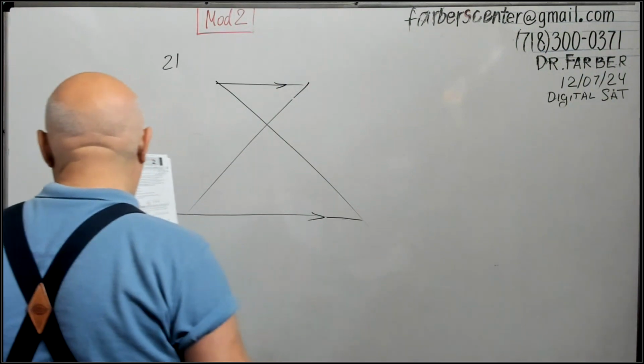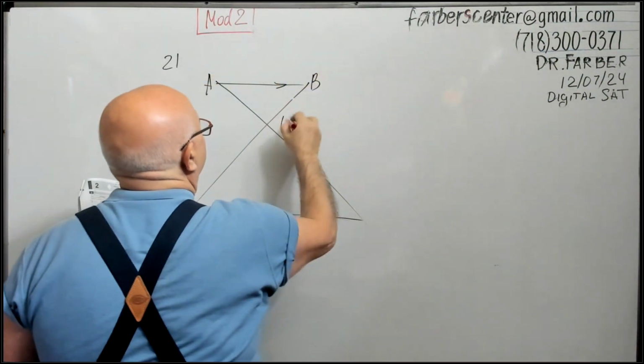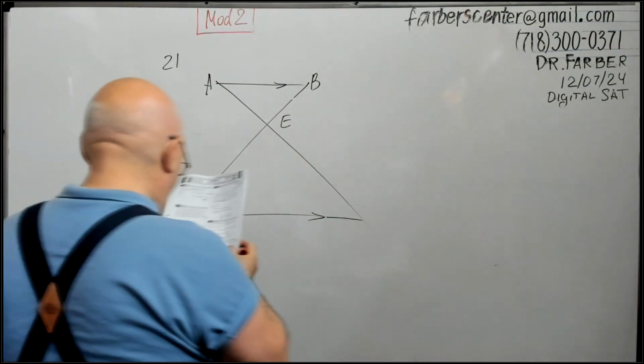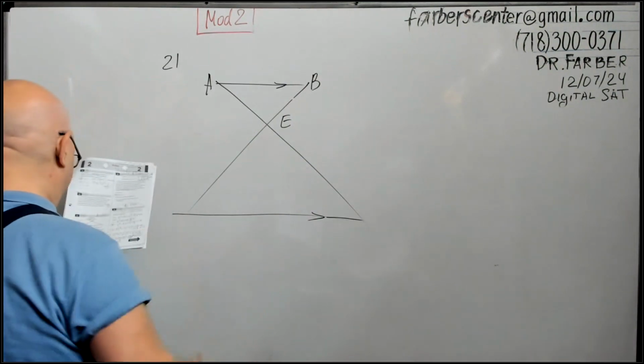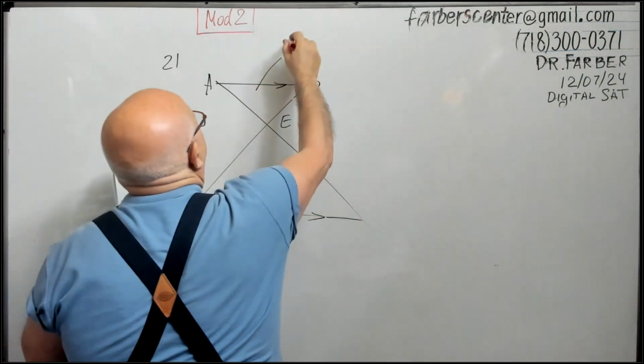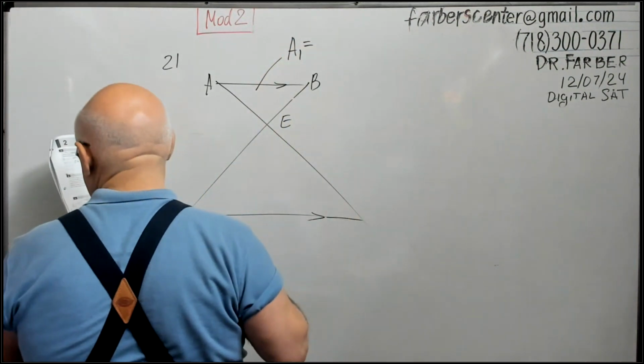A, B, E. The area of triangle ABE, area 1, equals 35.